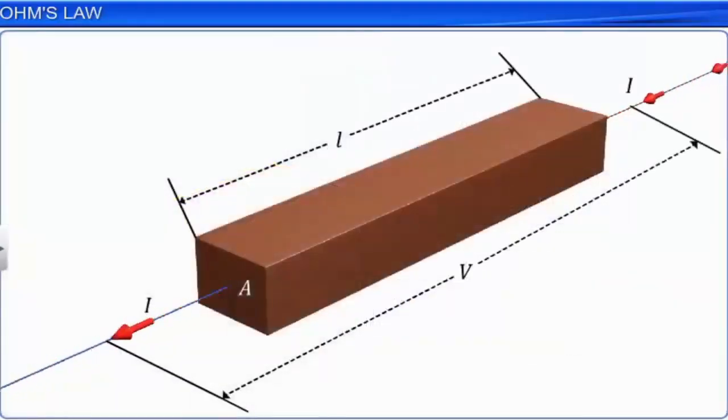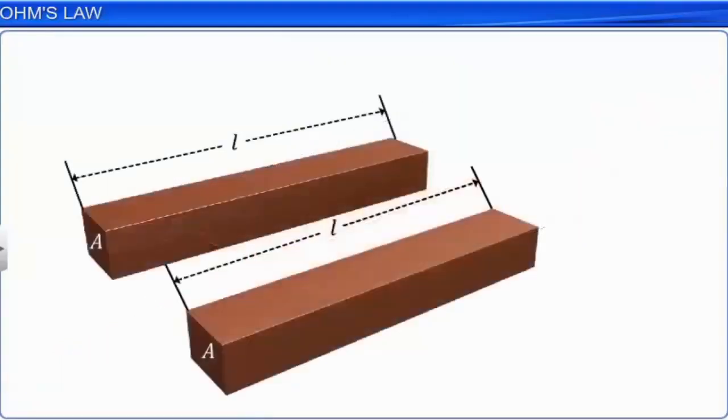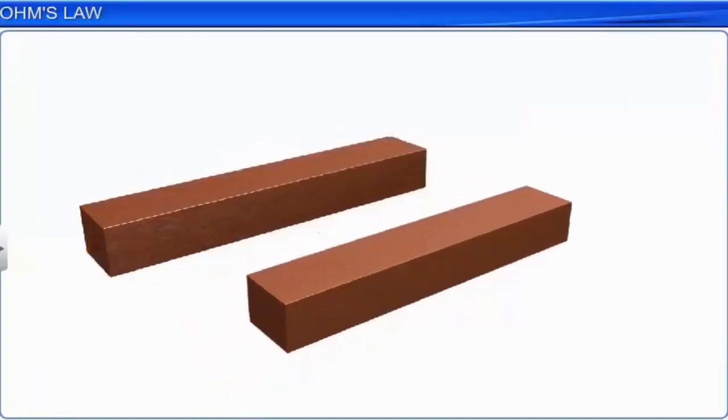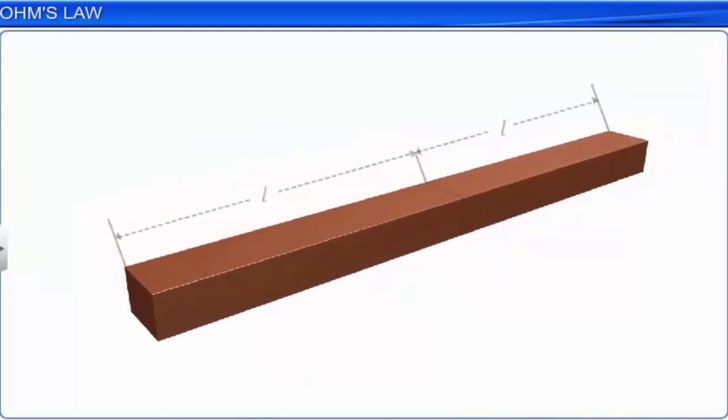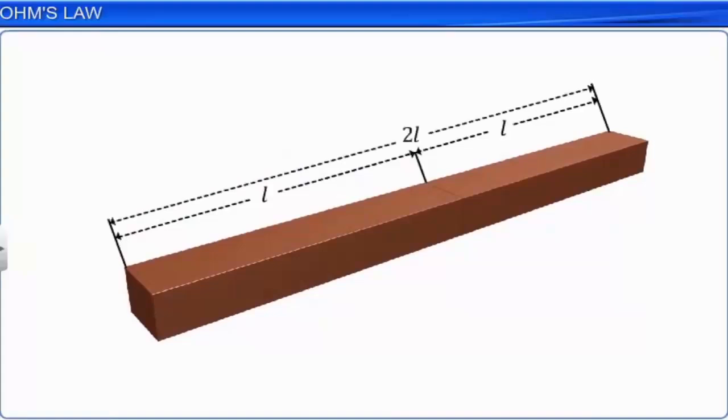To understand how the dimensions of a conductor affect its resistance, let us conduct two simple activities. Let's take two identical conductors of length L and cross-sectional area A. Place them side by side such that their ends touch each other, so that the length of the combination is 2L.